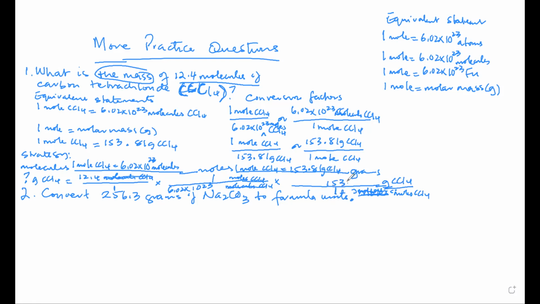It's 153.81 grams of carbon tetrachloride, which you will multiply: 12.4 times 153.81 all divided by 6.02 times 10 to 23. And that will give the answer to that.